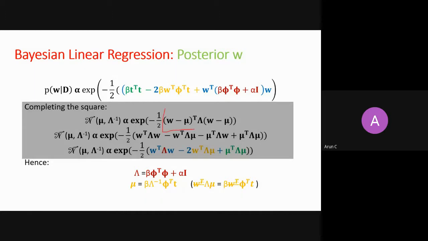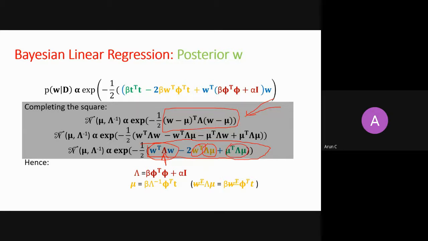When you started with this formulation, you get this simplified formulation, right? It means any Gaussian distribution can be represented by the quadratic form of your parameter. Here the parameter was W. So W is in a quadratic form where your precision matrix is sandwiched. Then W is within a linear term, where there are the other two terms, lambda and mu. And the third is a constant, which is mu transpose lambda mu, right?